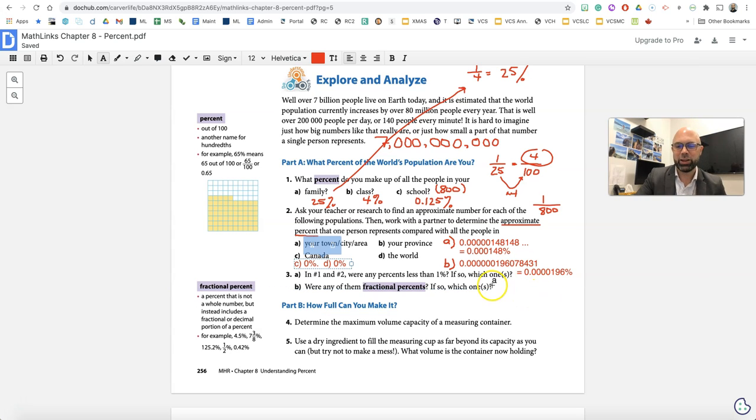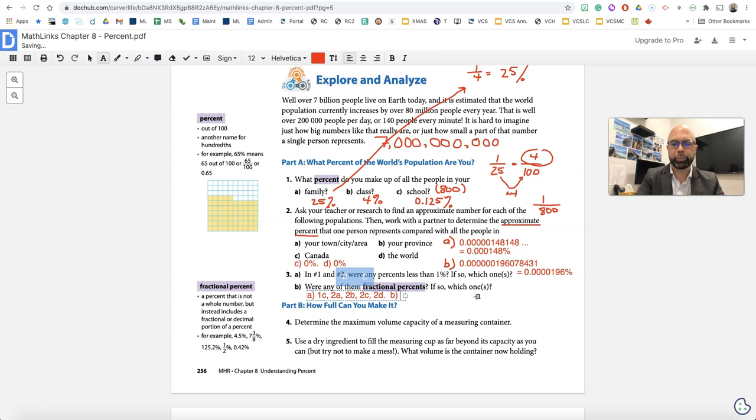Okay, so which ones? 1C, 2A, 2B, 2C, 2D.